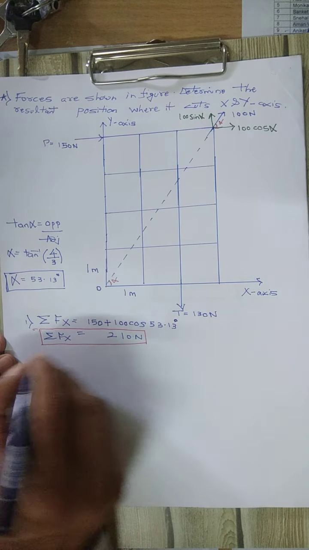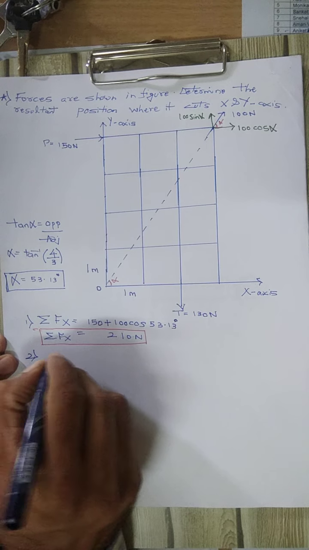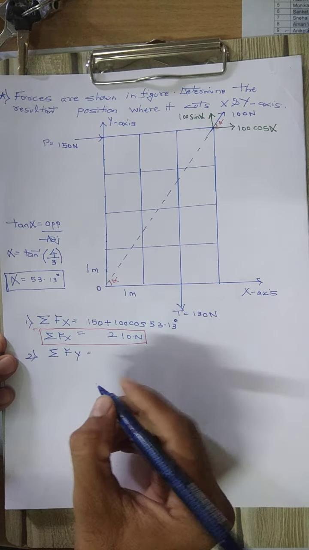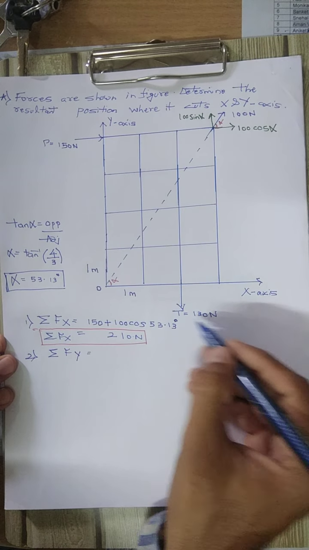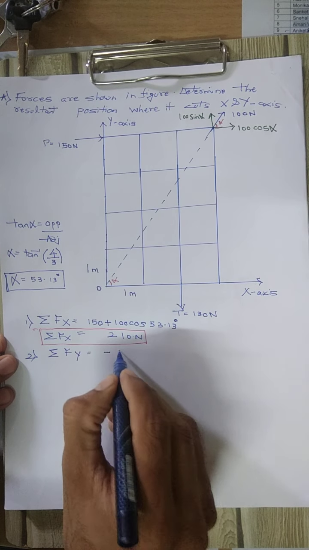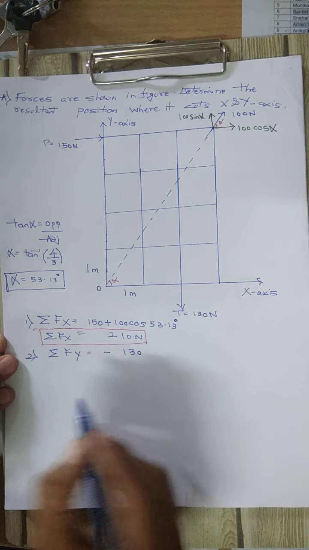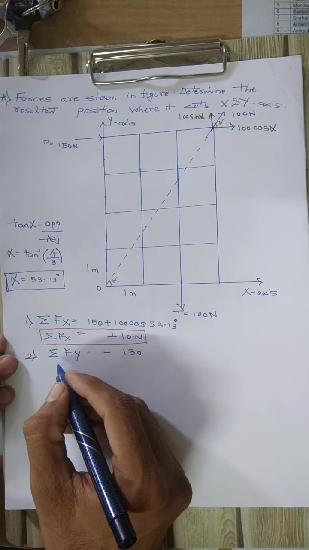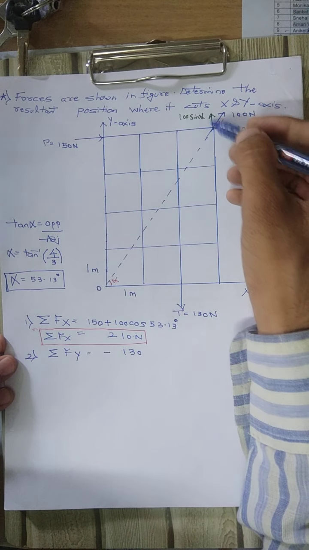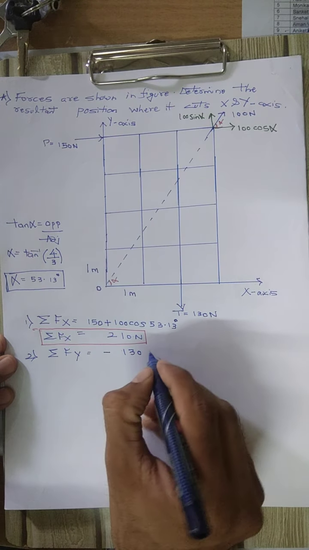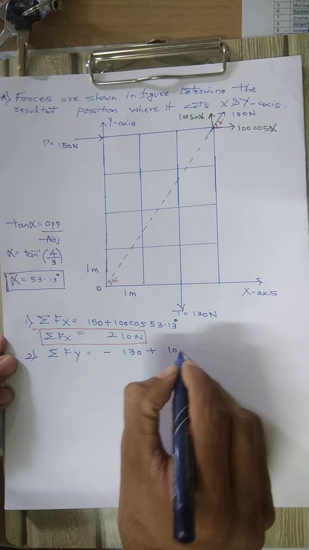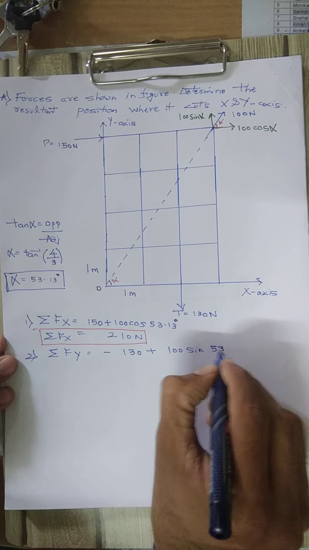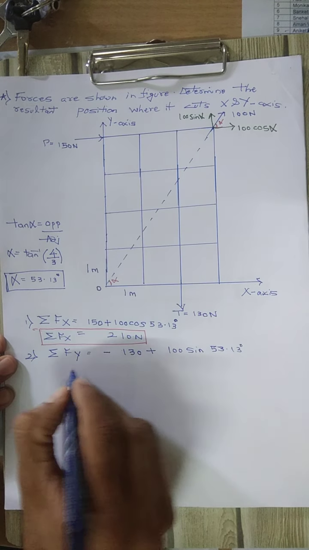Same way the y component. Serial number 2 is summation of y components. The T force is acting downward, so therefore minus 130. Minus indicates downward, negative. What about this 150? It is horizontal, so it will not be taken along the y direction. Yes, 100 sin alpha is acting upward, plus 100 sin alpha, with alpha written as 53.13 degrees.